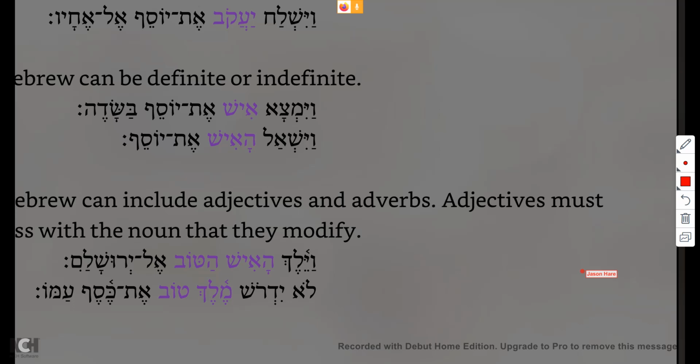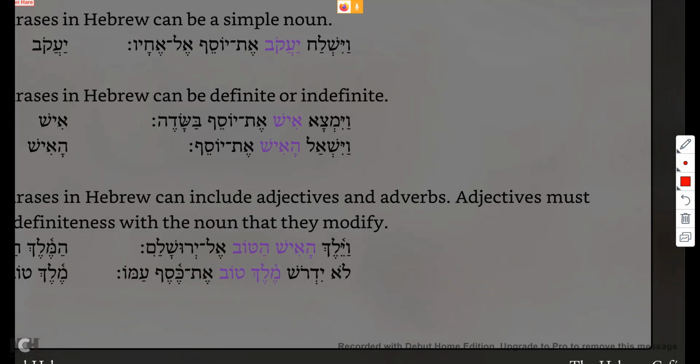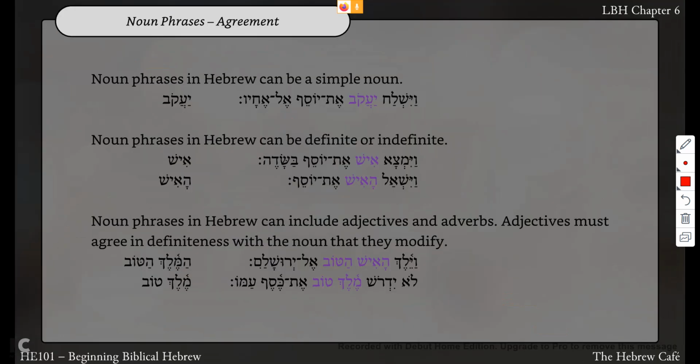Kesef, that's an F on the end. Lo yidrosh melech tov et kesef amo. A good king, that is indefinite, a good king will not demand the money of his people, or the silver of his people's money. Right? A good king will allow his people to thrive.